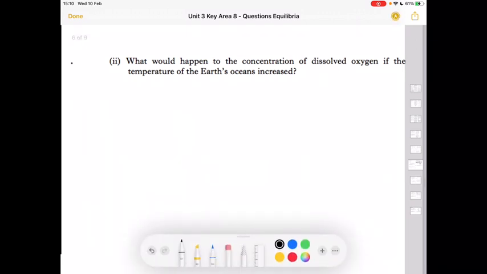So you could almost swap that around to write it like this: O2 (aq), and that is endothermic. This is favoured.